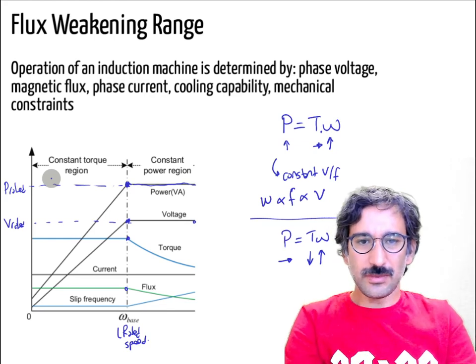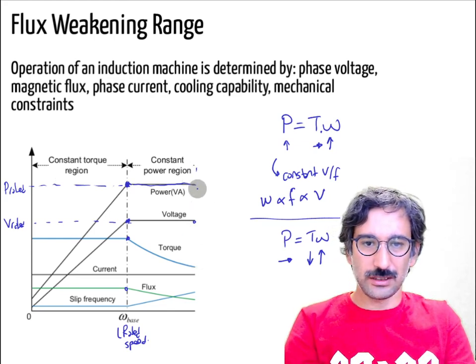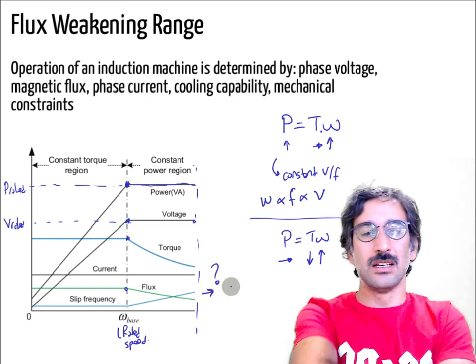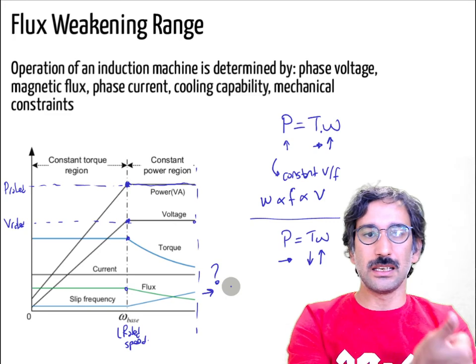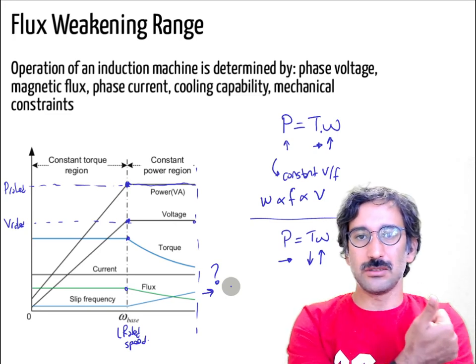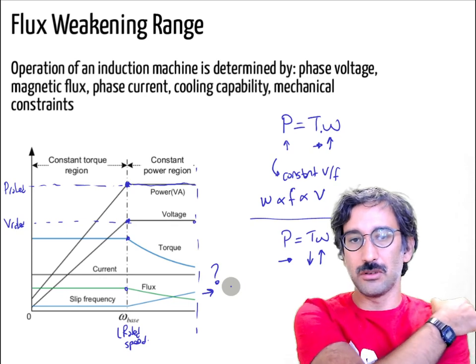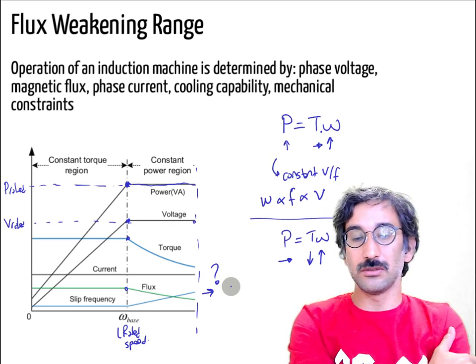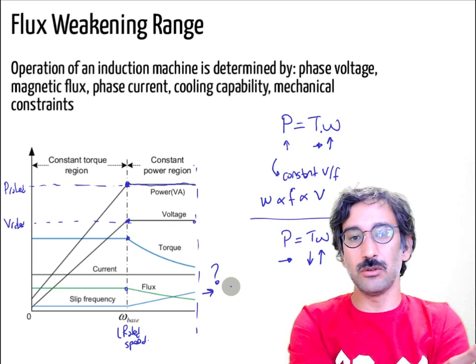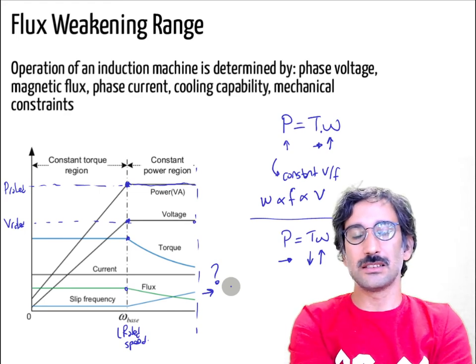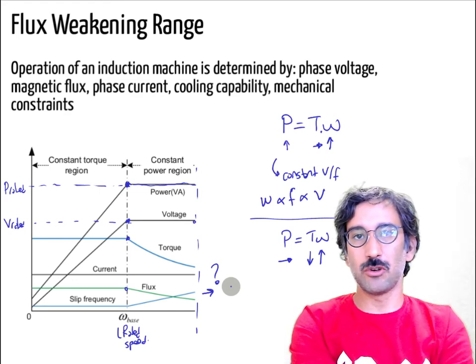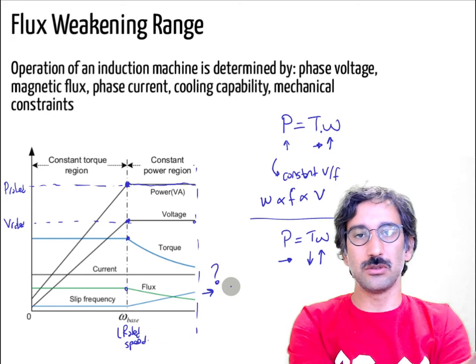How far it can go depends on a couple of factors: the voltage level you can apply, the magnetic flux value in your motor, or the phase currents. Similarly, cooling: running at higher currents will generate more heat in the electrical machine, so you need to dissipate that somehow.